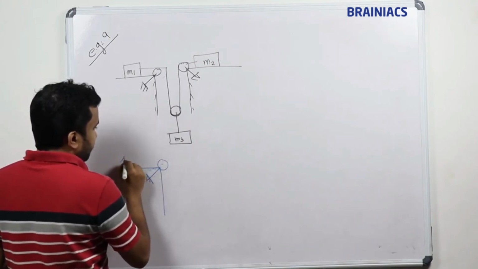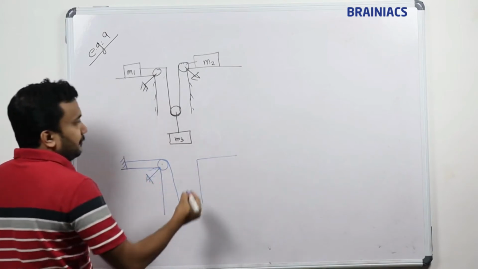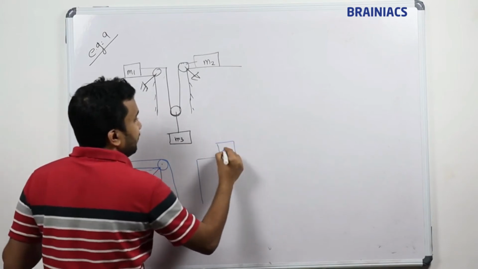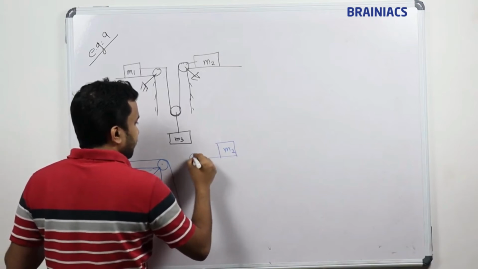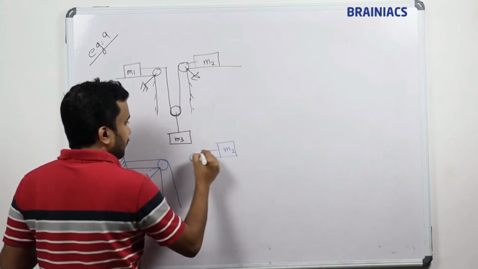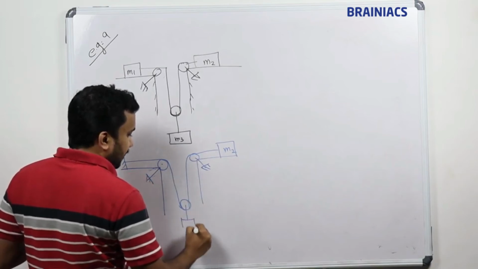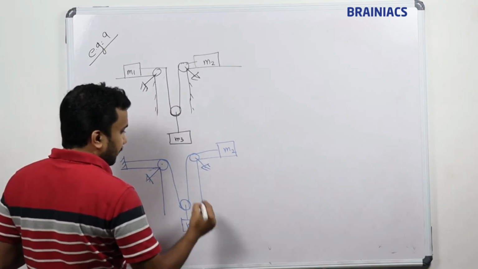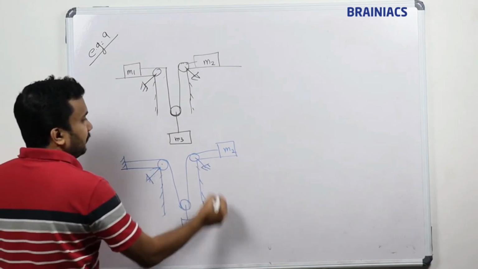So this is a fixed rope, and here is how the difference arises. Here M2 is the same, and this is also a fixed pulley, and we have a movable pulley, and over the movable pulley I am placing the next mass called M3. The surfaces are fixed.